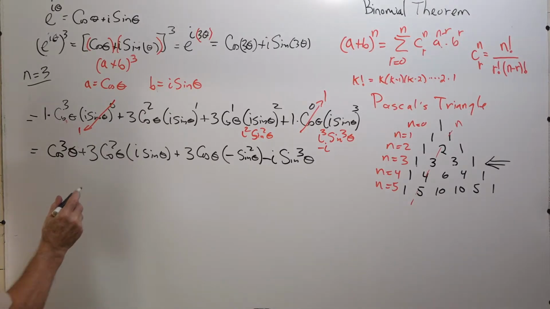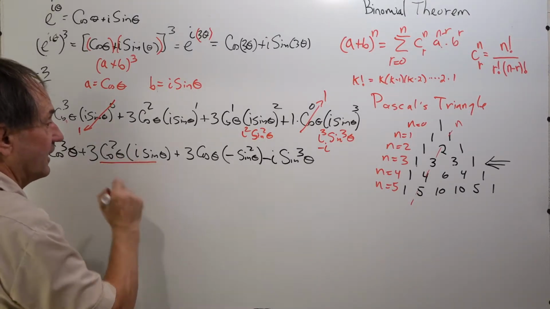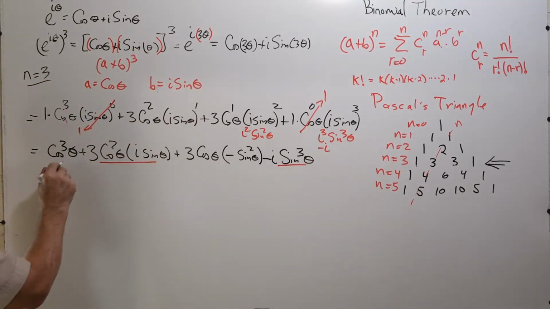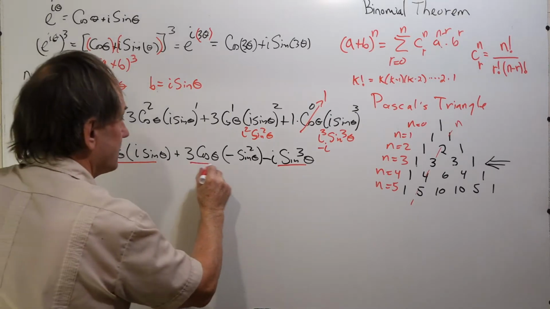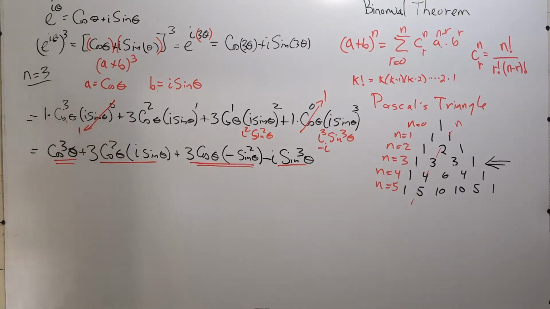Now we have two imaginary terms. This one has an i, and we have an i here, and these two are real. So this term and this term combine to give us our real part.